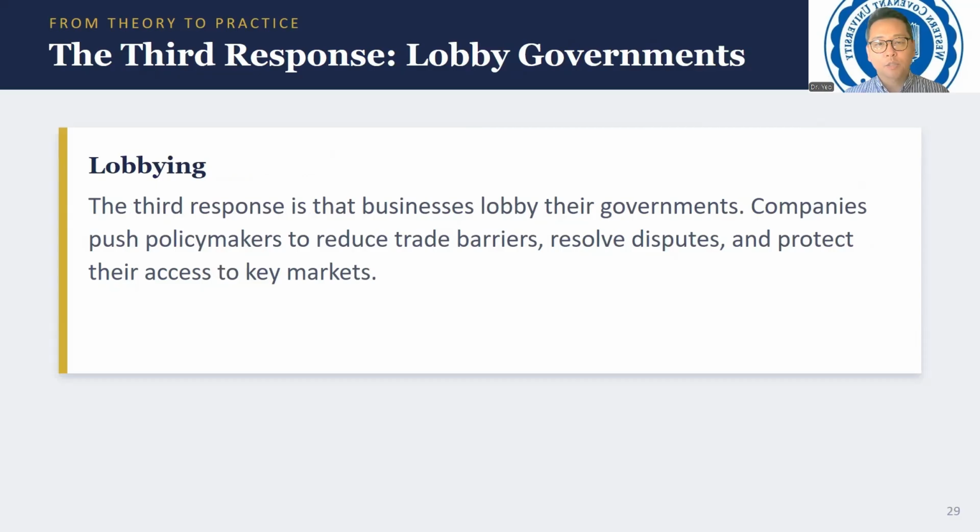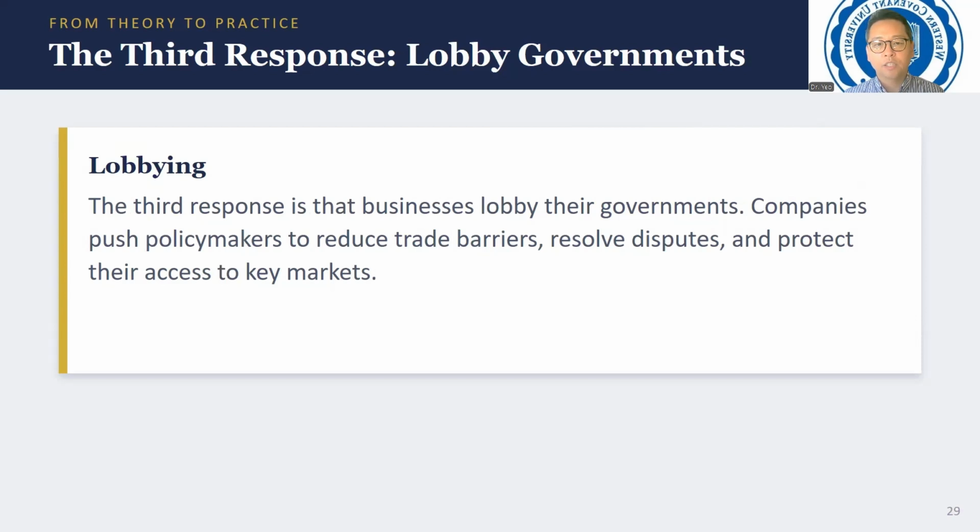The third response businesses often take is lobbying. Lobbying means companies actively try to influence government policy, usually by talking directly with the policymakers or by supporting industry groups that do this work for them. In a trade war situation, companies frequently lobby their own governments to reduce trade barriers, to resolve disputes quickly, and to protect their access to important foreign markets.